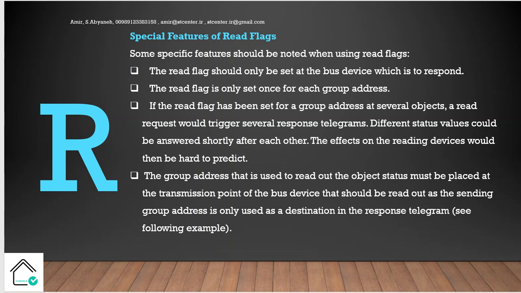If you have several group objects with the read flag on, you will face a problem because there will be different responses from those group objects, and in the end you never have the right status information from that group address.